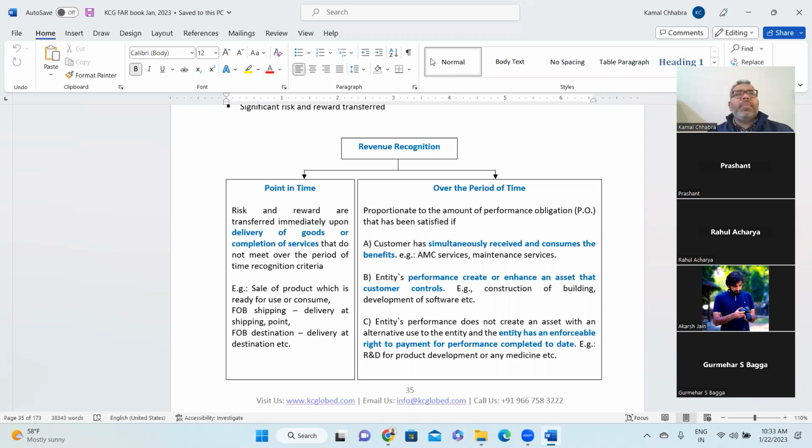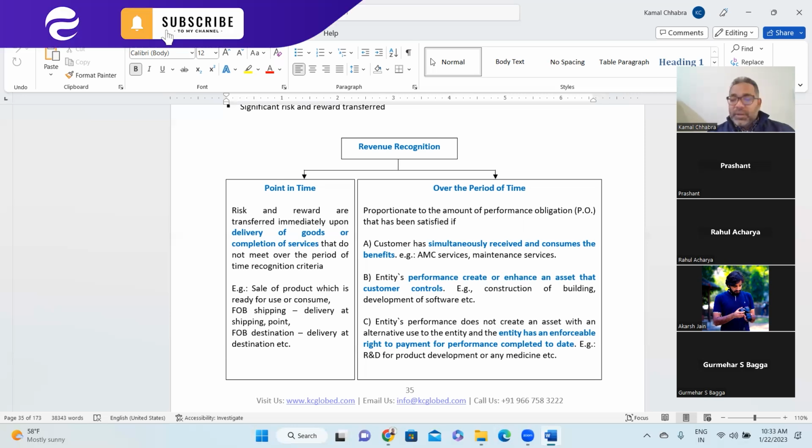Another example would be maintenance service, like in your corporate office building, in malls, or in your residential complex. You will see there is a maintenance service provider, right? The maintenance service provider may provide cleaning of the building, electrician support, plumbing support, or carpenter support.